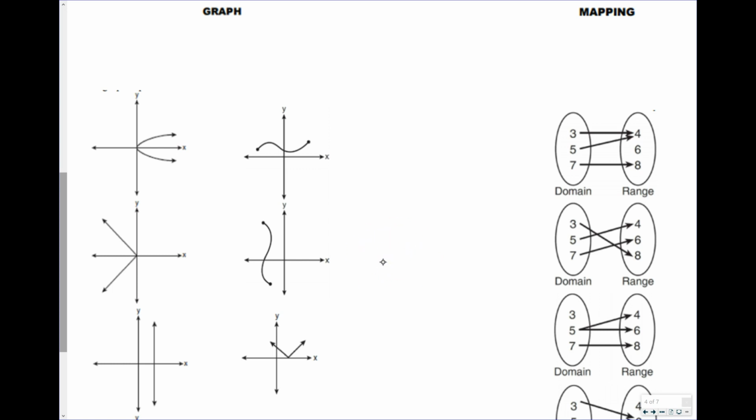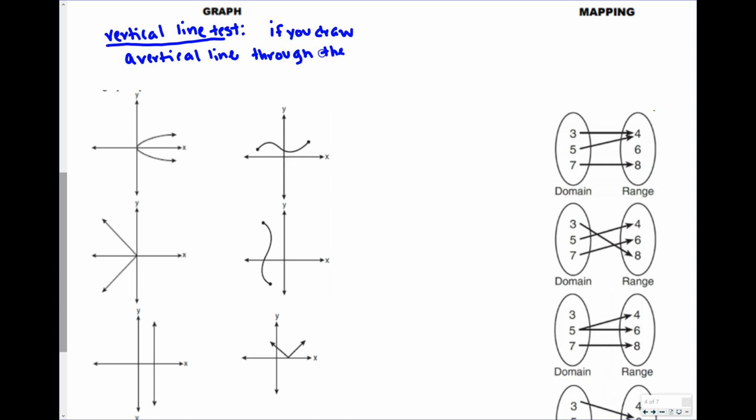So in a graph, we have something called the vertical line test. Okay, vertical line test. And it basically says that if you draw a vertical line through the graph, it should never touch more than once.